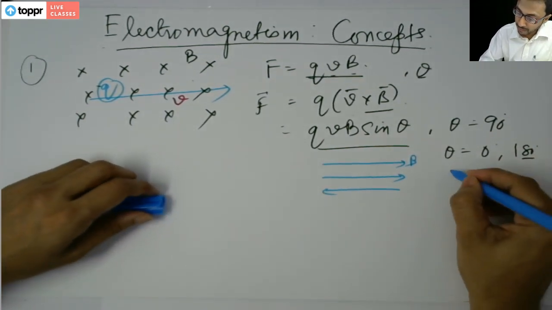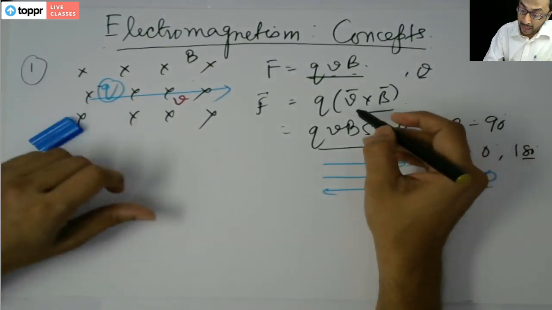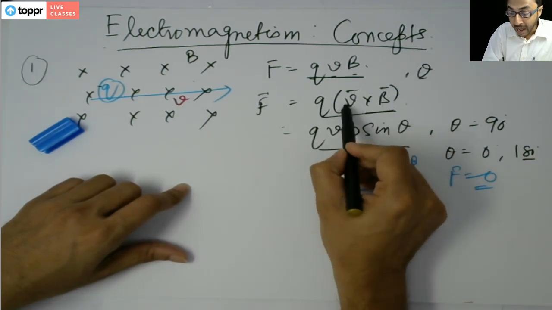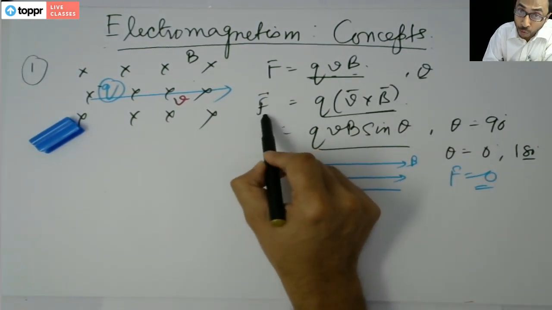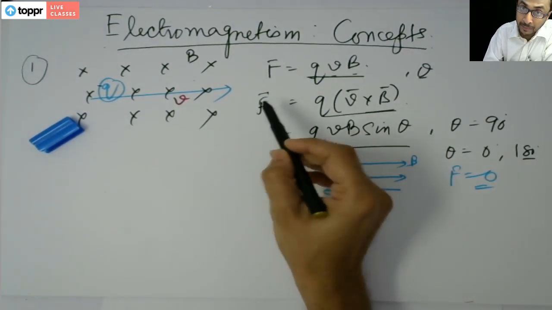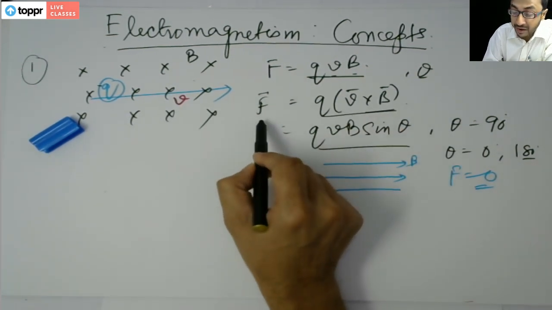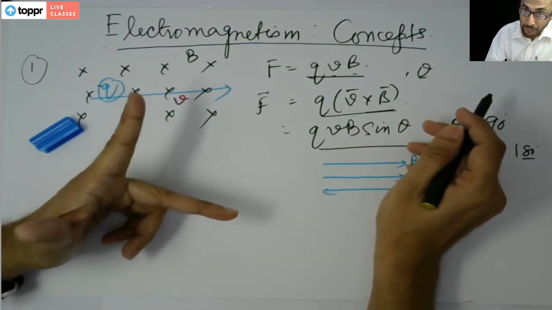The force will become 0, right? Now V is a vector, B is a vector, and by the knowledge of cross product you also know the force is a vector. What is the direction of the force? That we can get from Fleming's left hand rule, right?